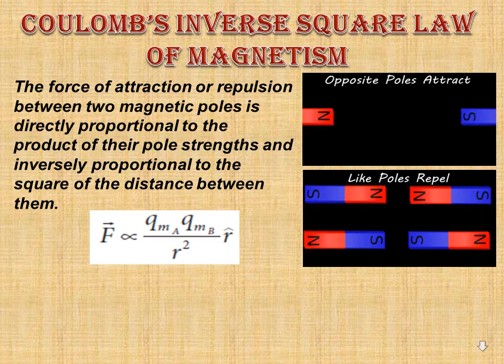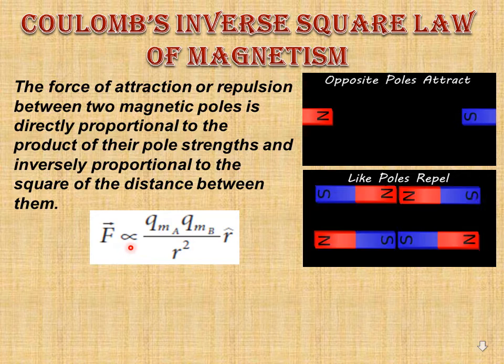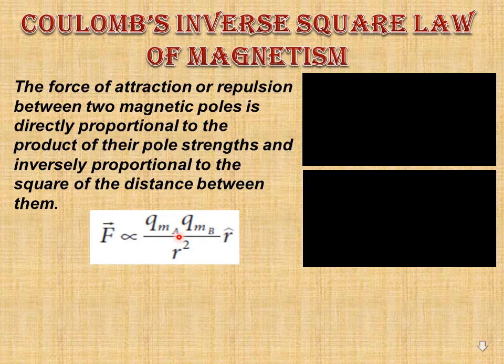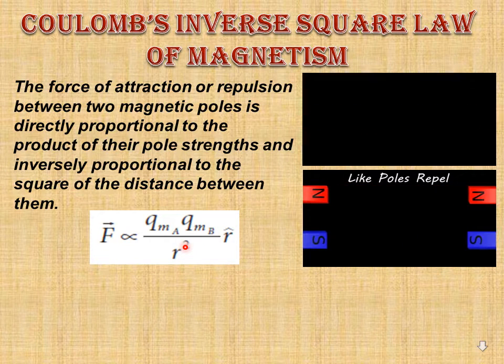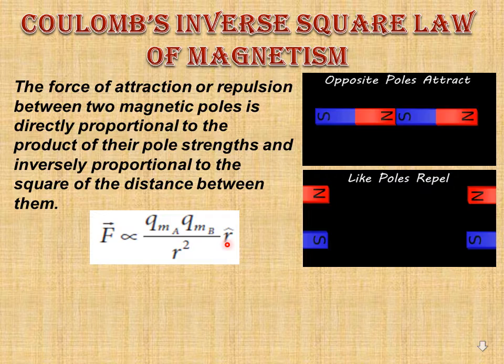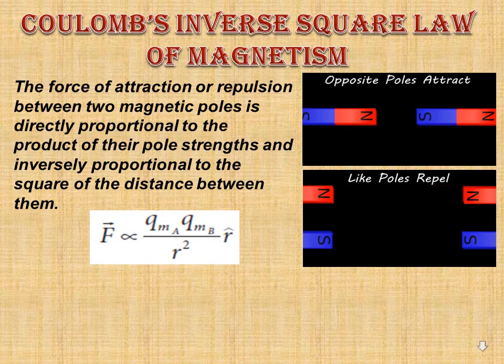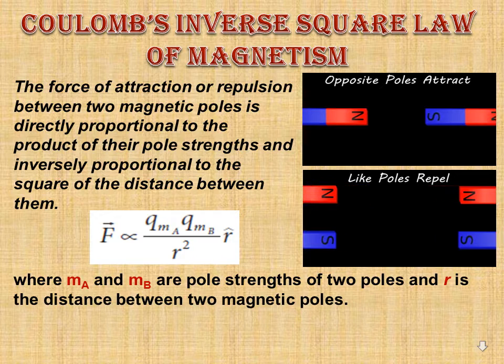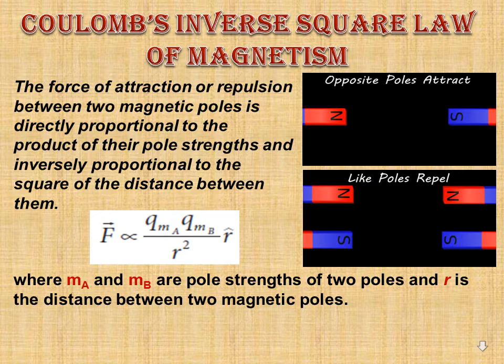See, F vector is directly proportional to QmA and QmB divided by r square, the square of the distance between them, with r cap in vector notation, where mA and mB are the pole strengths of the two poles and r is the distance between the two magnetic poles.